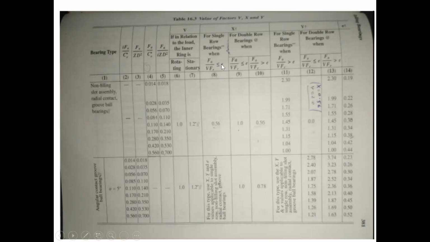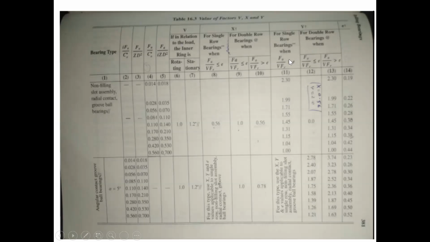You have to convert this sign to greater than or equal to. If e is less than Fa upon V Fr, that means Fa upon V Fr is greater than e, then X will be equal to 0.56, and Y will be calculated corresponding to the value of e.